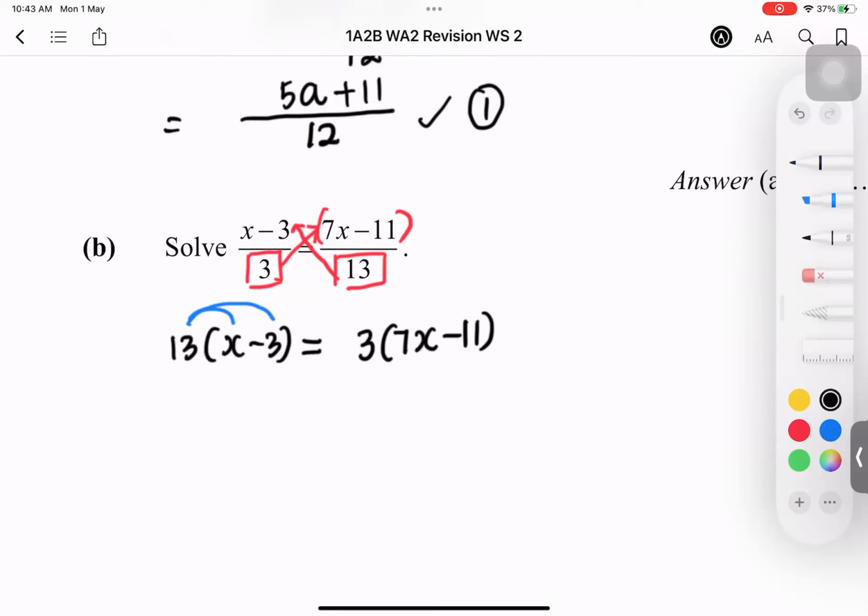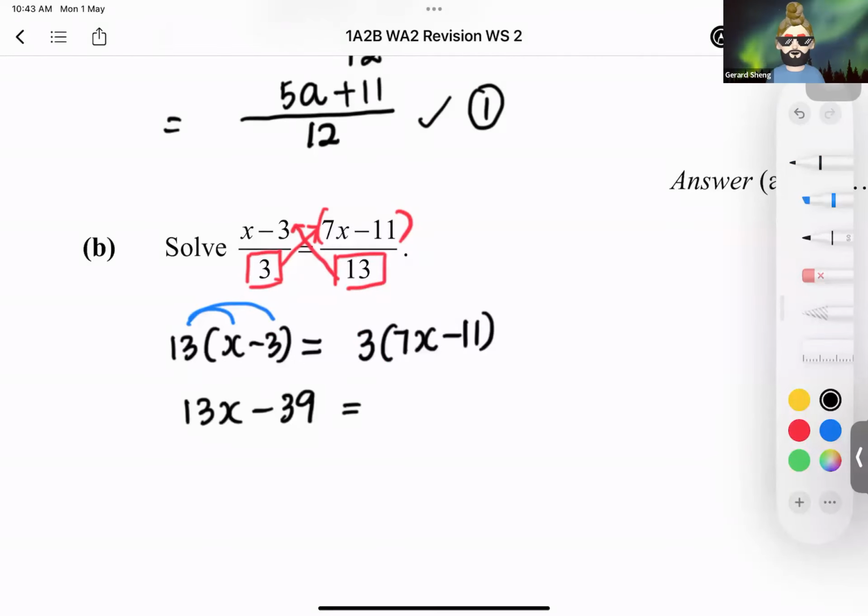Yanxing, expand this part. What do we get? Okay, then 13x minus 39. Very good. Then the next one, we also have to expand the one at the back.